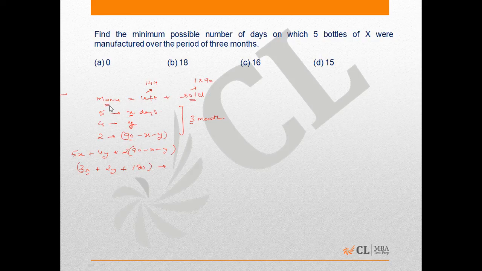So the minimum value of bottles manufactured will be 144 plus 90, which gives me 3x plus 2y as 54. Now I have to minimize the value of x. This will be minimized when y is equal to 27. So the minimum value of x here is 0. So the answer for this question is 0.